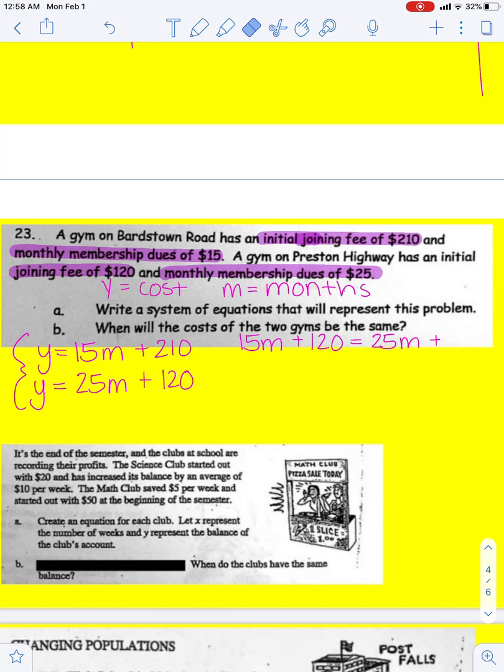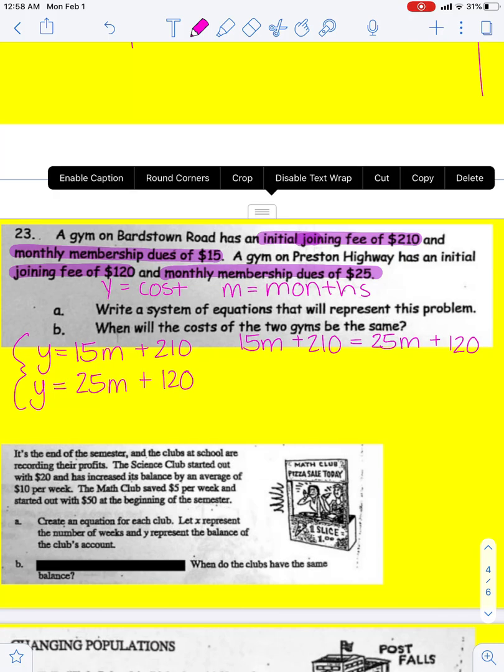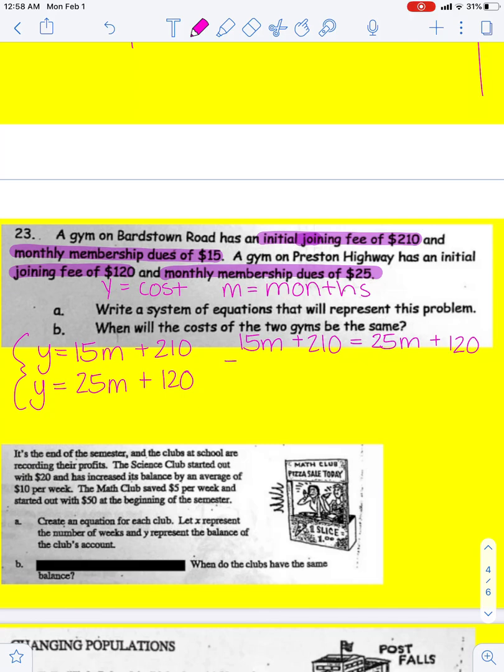Oh, I wrote that backwards. Whoopsie. This should be 210. And we're going to figure out m, because whatever we get here for m will tell us that month where the cost is the same. So I'm going to go ahead and subtract 15m from both sides.